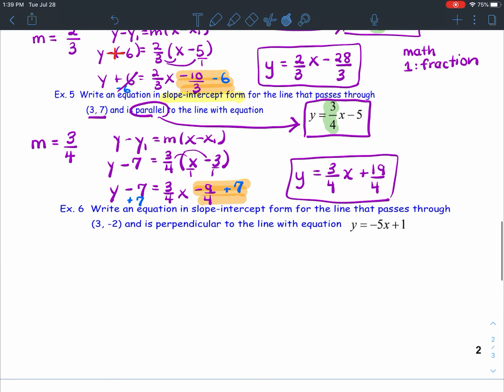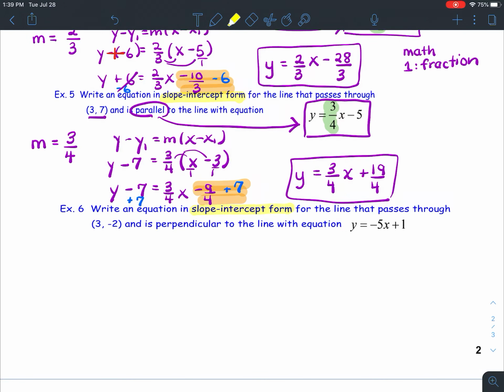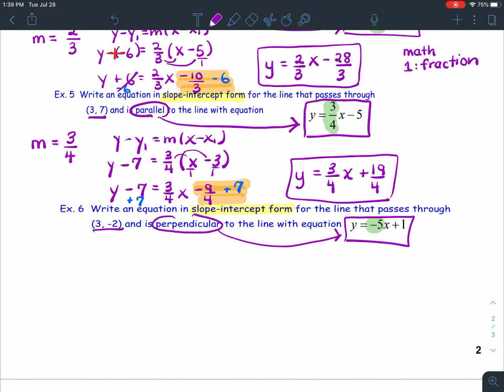Okay, finally, in example 6, writing an equation, slope-intercept form, going through this point. Now we're back to perpendicular to this line right here, okay? So we want to say, all right, what's the slope of this line? Now, if your slope does not look like a fraction, you can make any number look like a fraction by simply putting it over 1, okay?